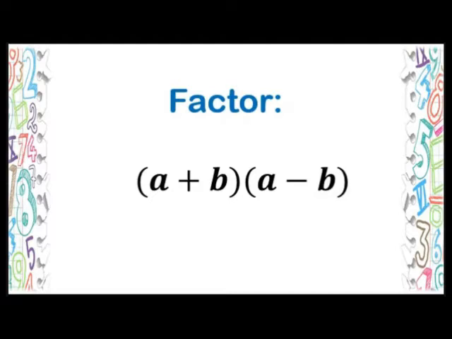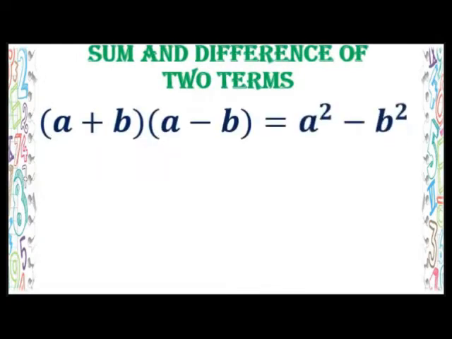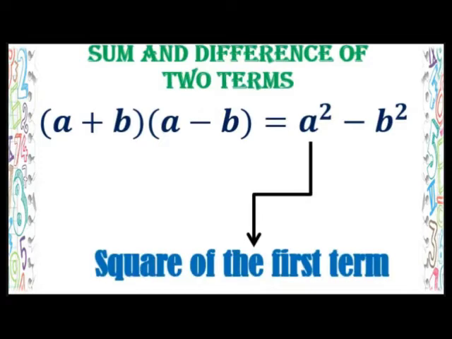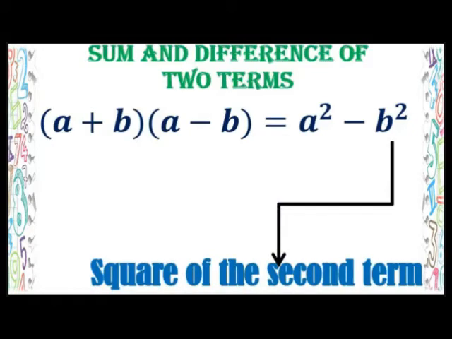If we have the factors a plus b and a minus b, we have the product a squared minus b squared that is based on the sum and difference of two terms. The a squared here in the product is taken by squaring the first term, while the b squared is taken by squaring the second term of the given binomial.